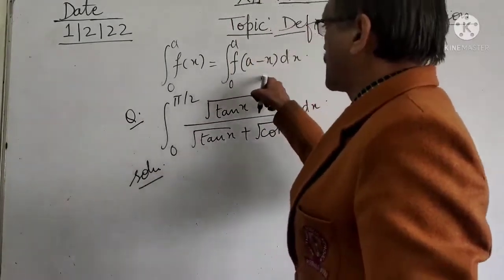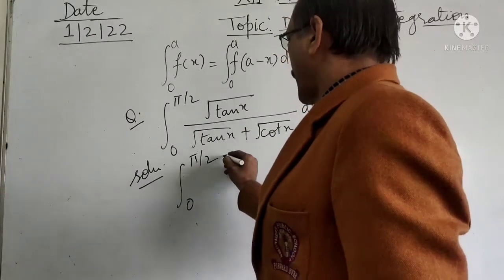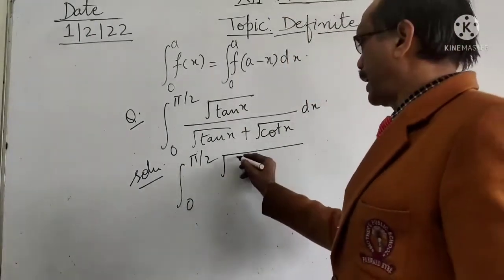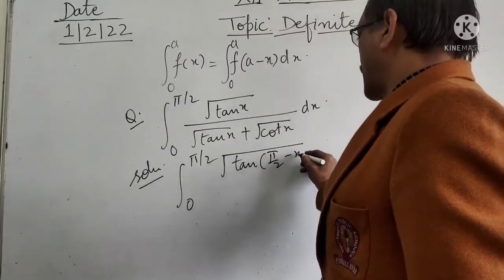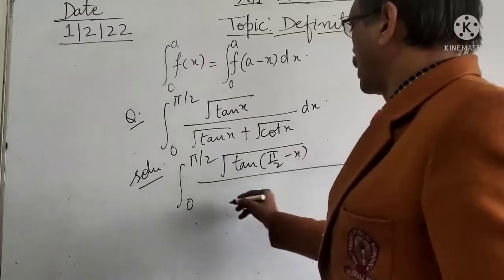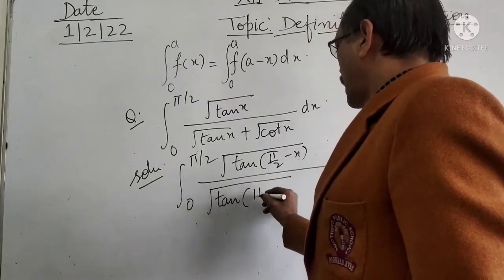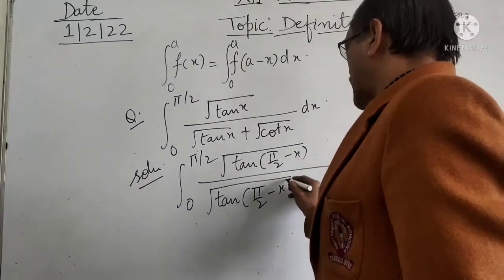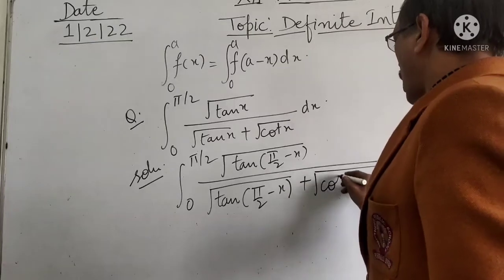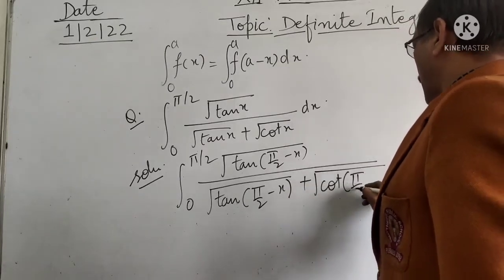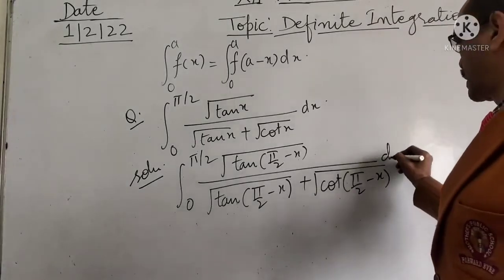We will apply this property here. So it is 0 to pi by 2 root tan (pi by 2 minus x) upon root tan (pi by 2 minus x) plus root cot (pi by 2 minus x) dx.